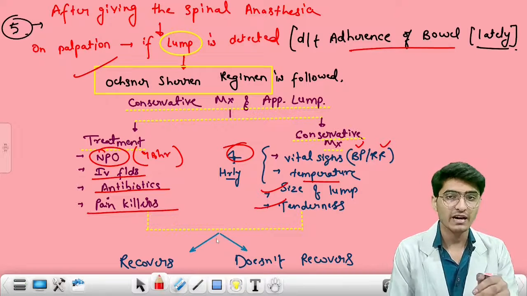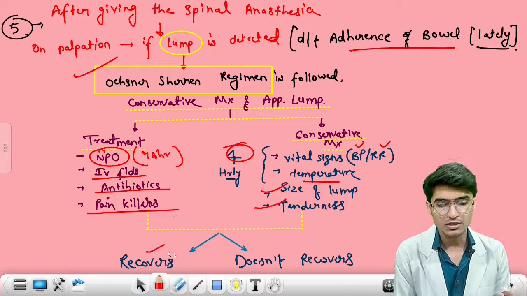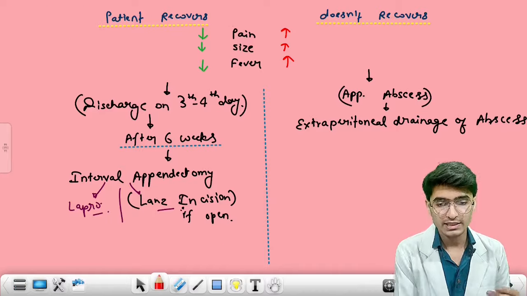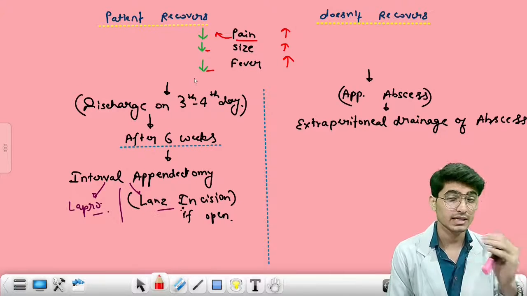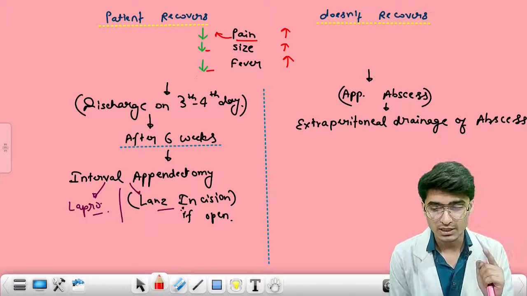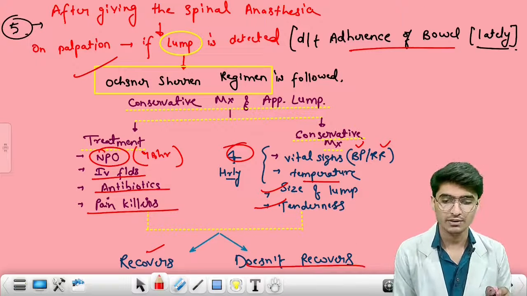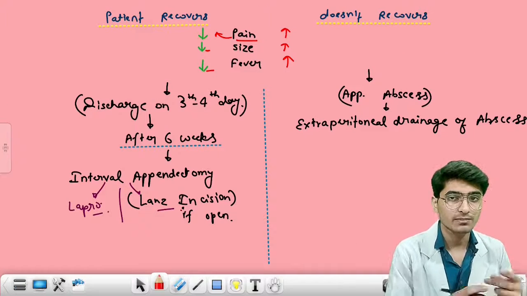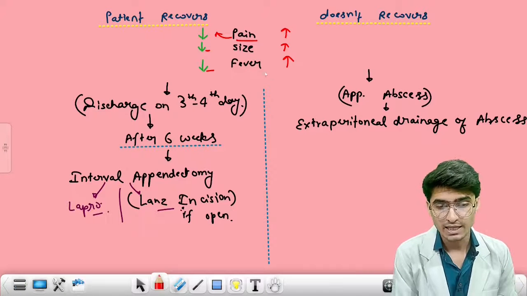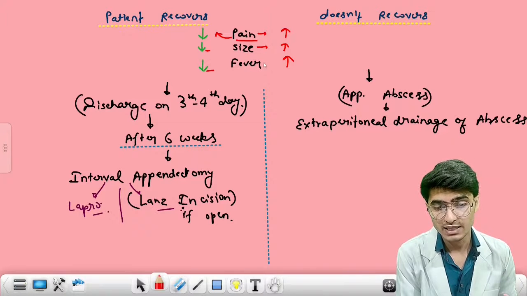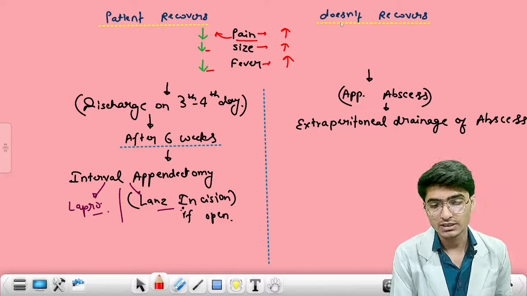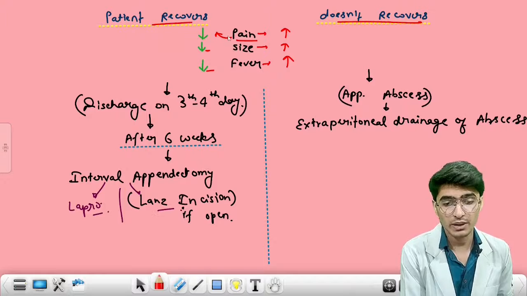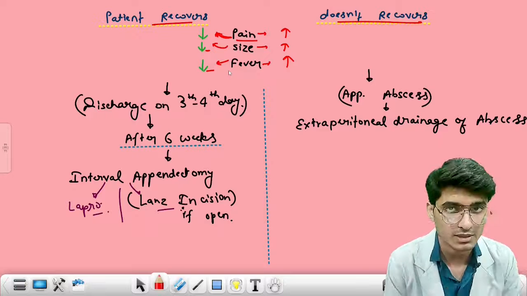So we have two cases. Either the patient recovers, as the pain is decreased, the size is decreased and the fever is lesser. Or the patient does not recover, and the condition worsens as time passes, as the pain increases, the size of the lump increases, and the fever also increases.